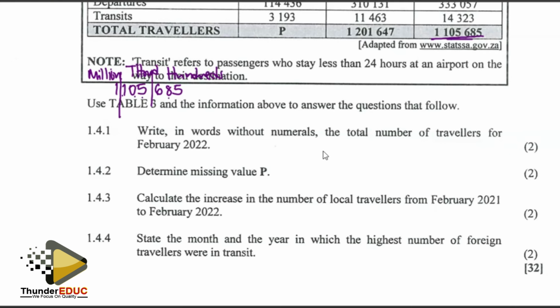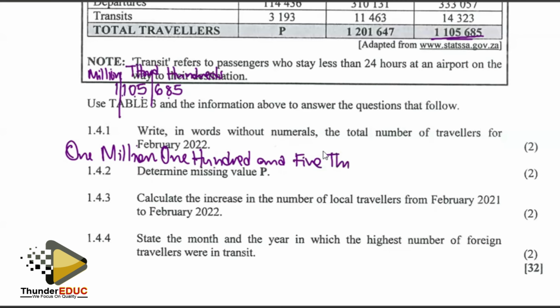So if it's 1 in the place of million, we shall say 1 million, followed by 100 and 5.